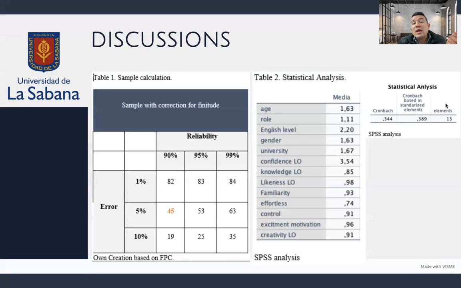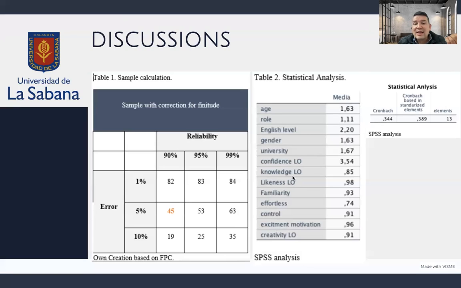And also we provided some statistical analysis through Cronbach. This score is kind of low, but taking into account interpretations of what this score could mean, it says that these elements from the user experience don't have a high correlation.